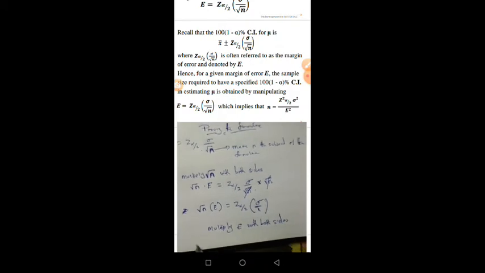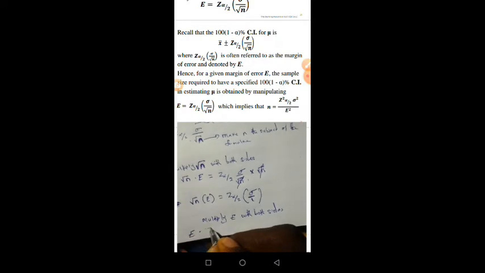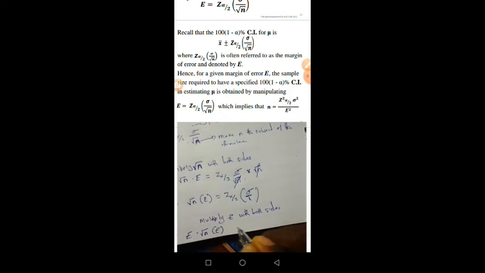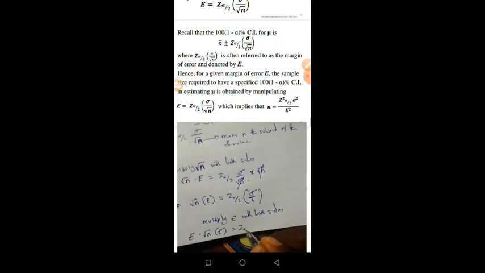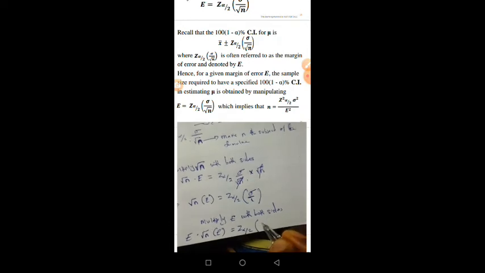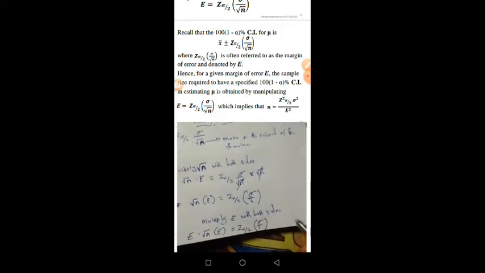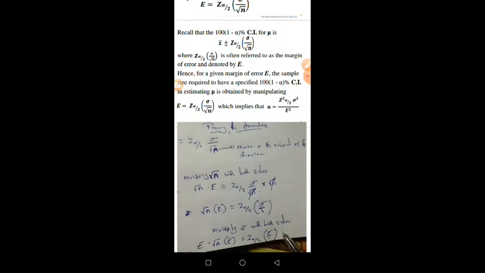That will be e times square root n bracket e equals critical value over 2, bracket, standard deviation over 1, times 1 over e.